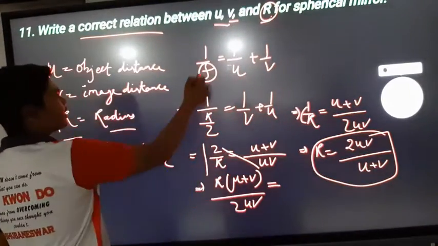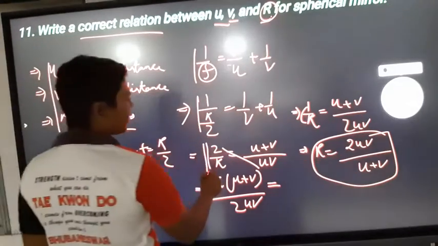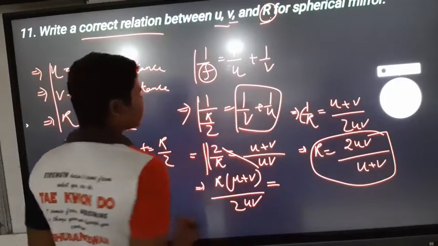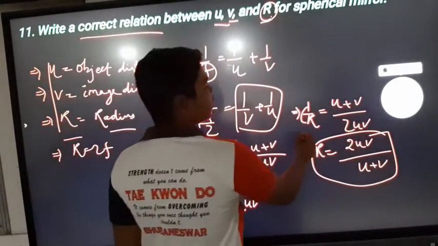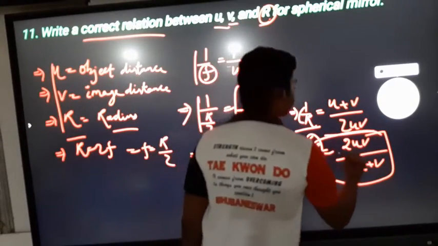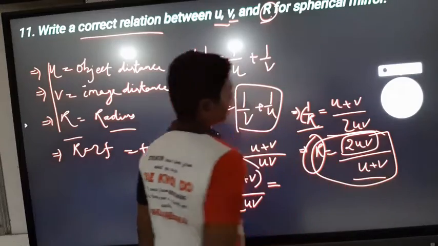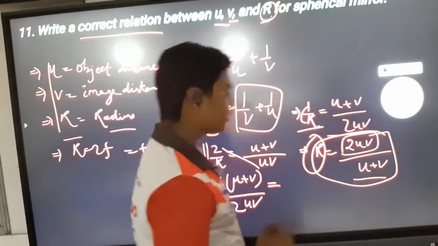First we convert into 1 by focal length, with radius of curvature, 1 by (R by 2) becomes 2 by R, and adding these we get U plus V by UV. After calculation 1 by R equals U plus V by 2UV. So the relation is R equals 2 into UV by U plus V.